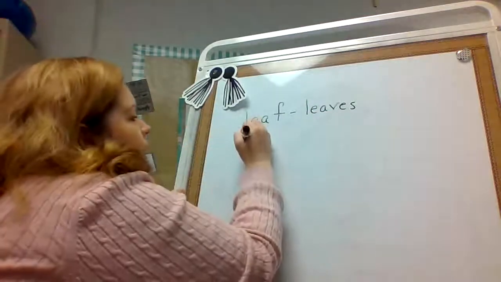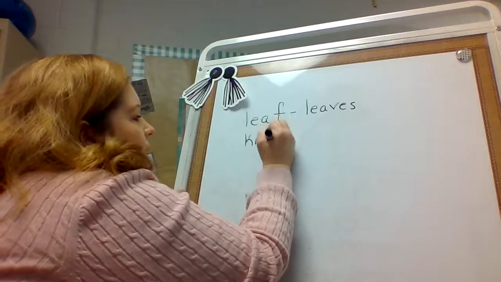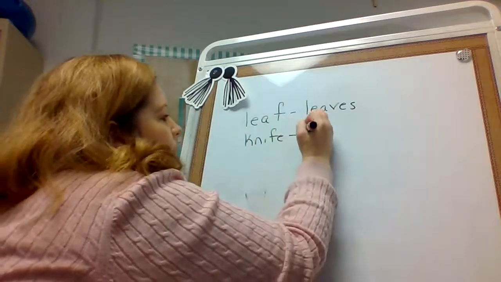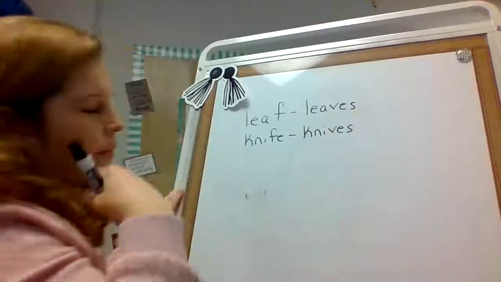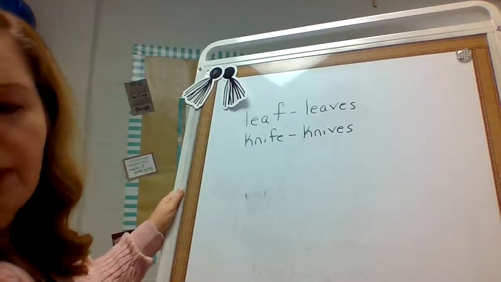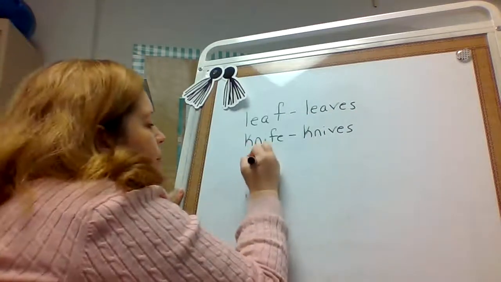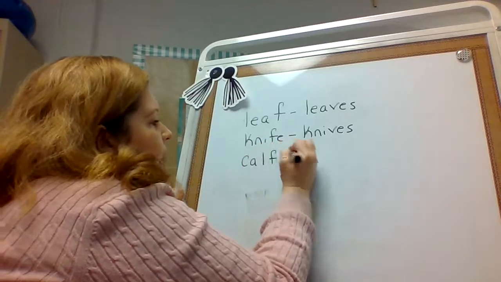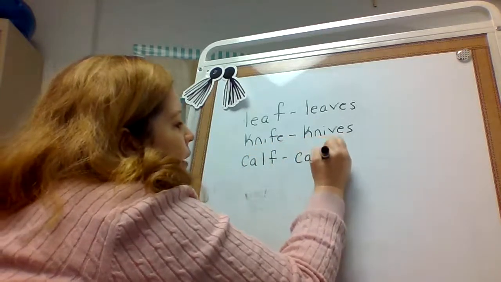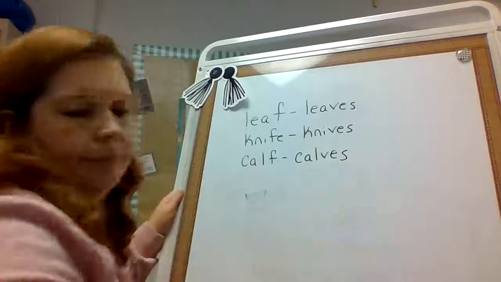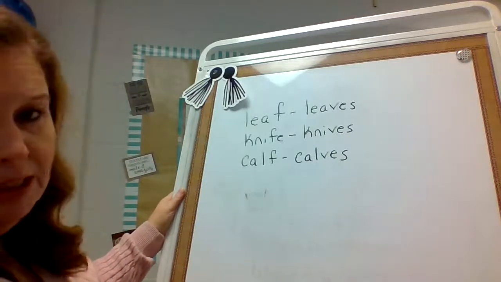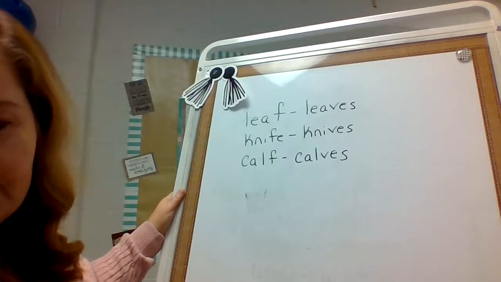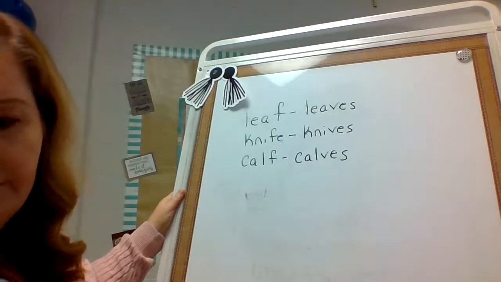Okay, if you have a knife, becomes knives. You have a calf, which is one baby cow. If you have more than one, you have calves. Okay.